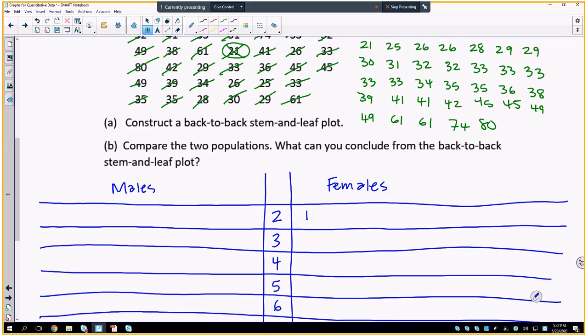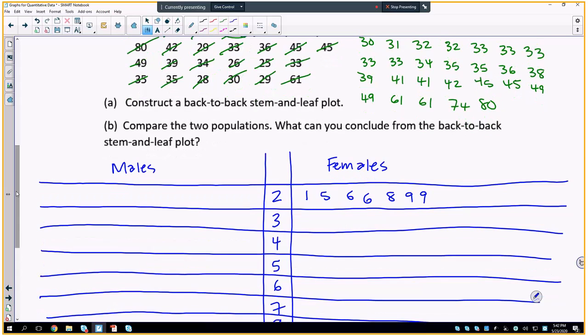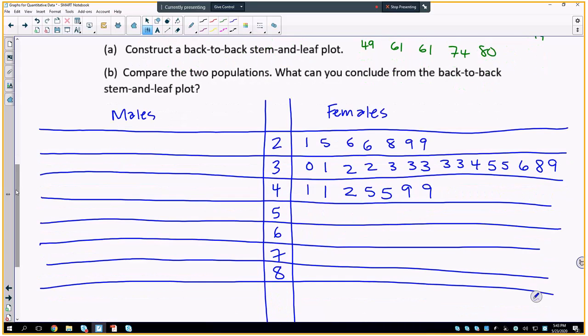So here's 21, 25, 26, 26, 28, 29, 29, then 30, 31, 32, 32, 33, 33, 33, couple more 33s, 34, 35, 35, 36, 38, 39, 41, 41, 42, 45, 45, 49, 49, 61, 61, 74, and 80.